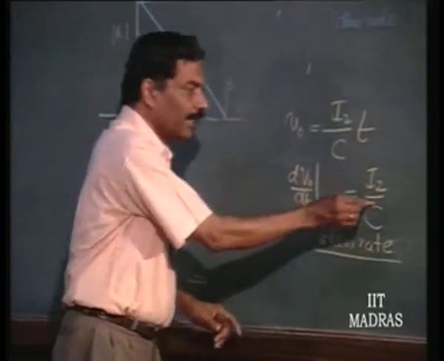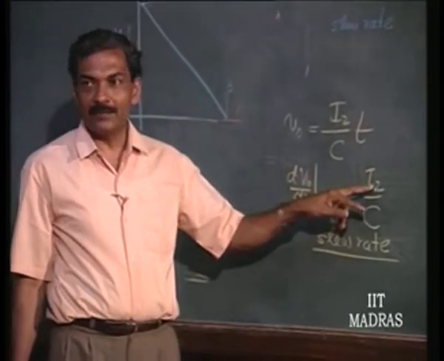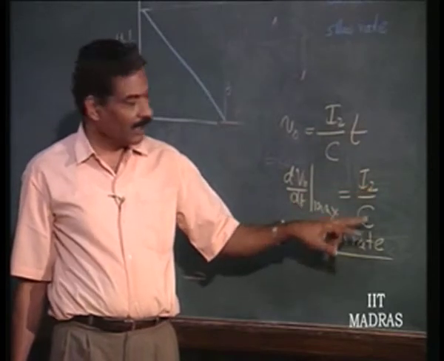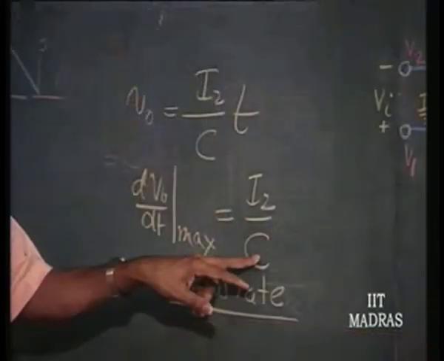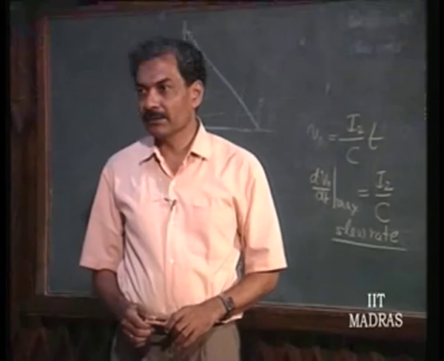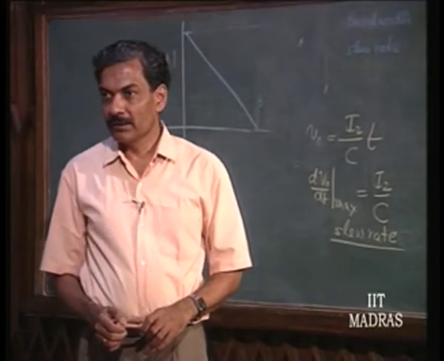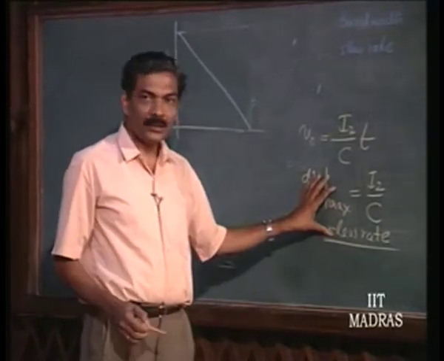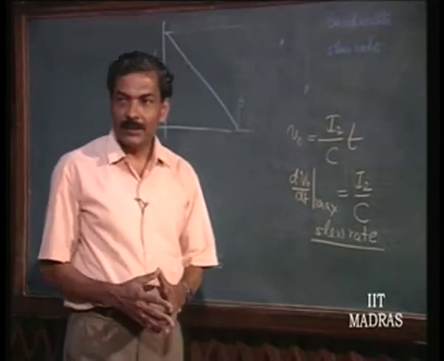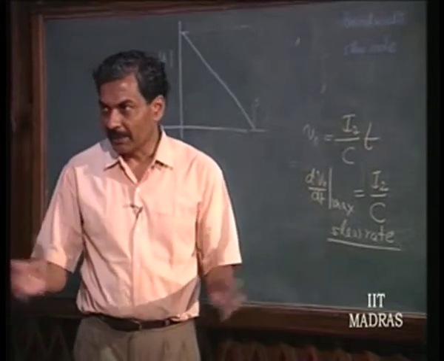So, I2 by C, and you can again find out what the value of this is going to be. I2 is of the order of microamperes and C is of the order of picofarads, and therefore, typical slew rate is of the order of volts per microsecond, for 741 like op amps.